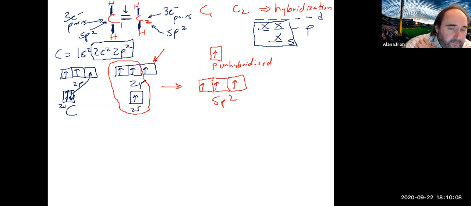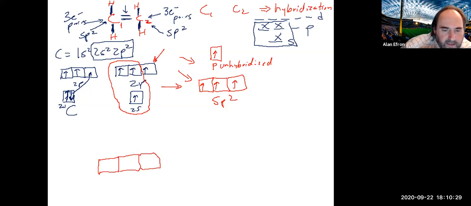Okay, so what I'm going to do is, because both carbons are exactly the same, they both will go through the exact same hybridization, they're both going to end up with this exact same arrangement here. So I'm just going to redraw it over here. So one carbon will have our sp2 with an electron in each. We'll call it carbon 1.